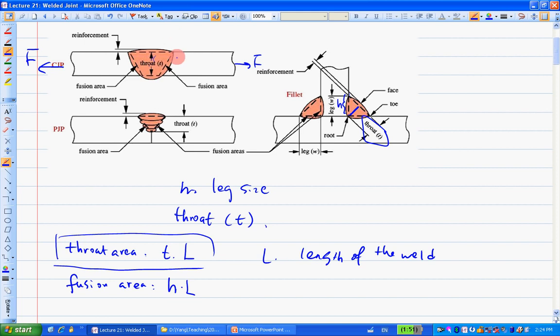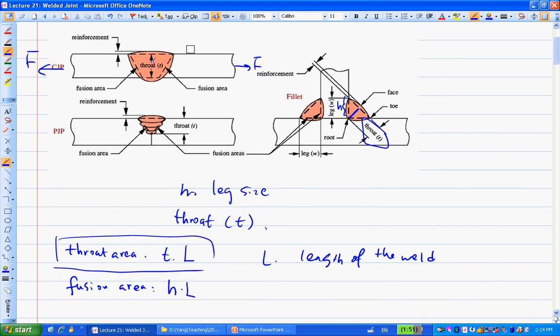So it's F divided by T times the total length. For this one, it's simple: it's a normal stress, F over T times L.